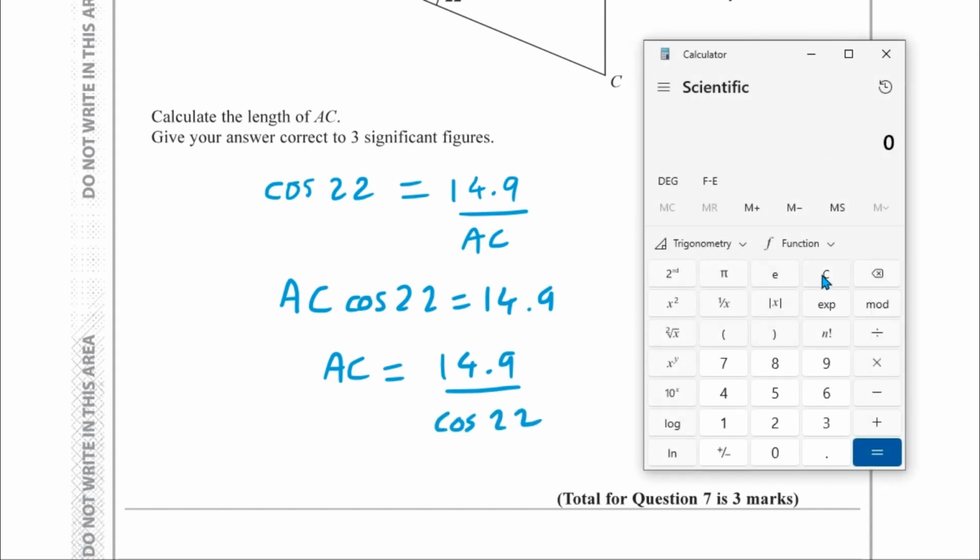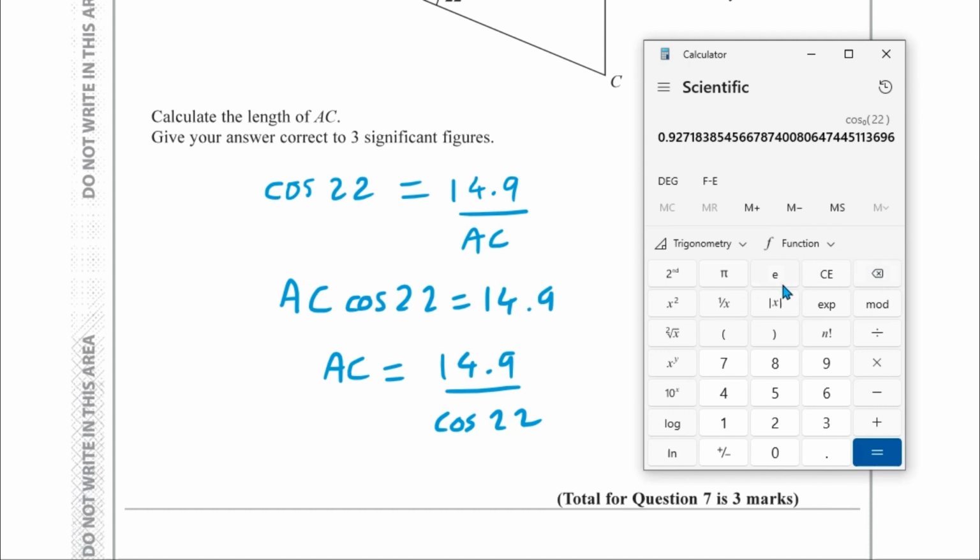Using our calculator, now be careful, if you use a phone calculator, you will type 22 and cosine. It'll give you the cosine immediately, so you probably want to do that first. The calculator I'm using for this video has a similar format. So I'm just going to type 22 here and the cosine key, and this will give me the cosine of 22, which is 0.9271.